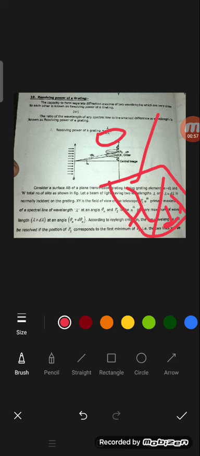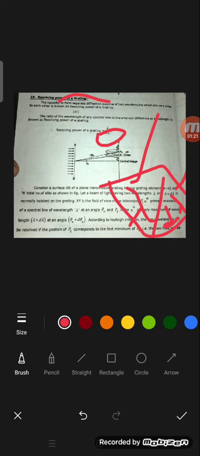Lambda is the wavelength of any spectral line, and d lambda is the smallest difference in the two wavelengths. Or we can say that the capacity to form separate diffraction maxima of two wavelengths which are very close to each other is known as the resolving power of a grating.